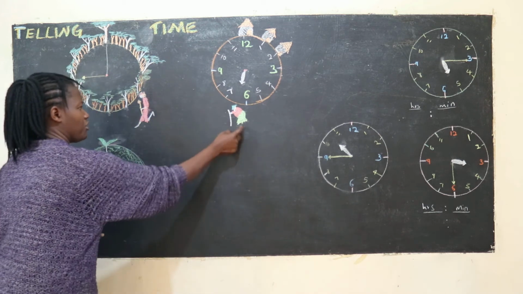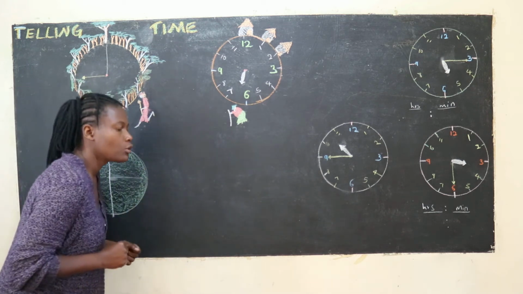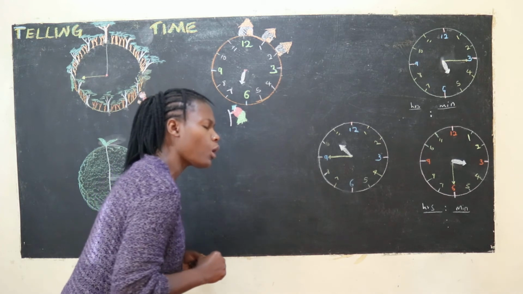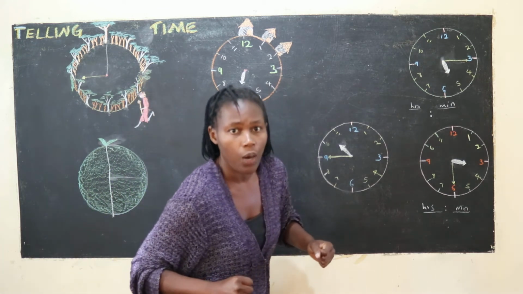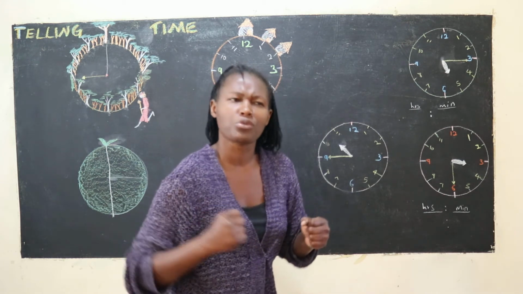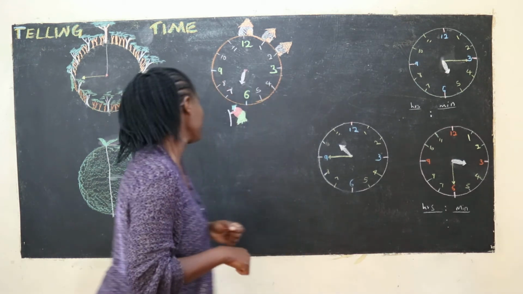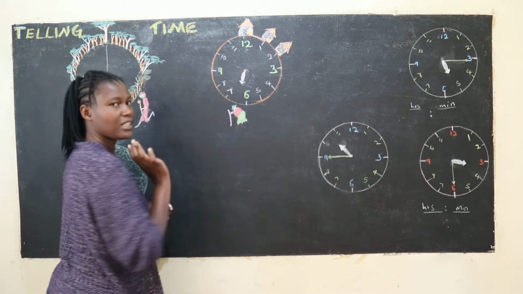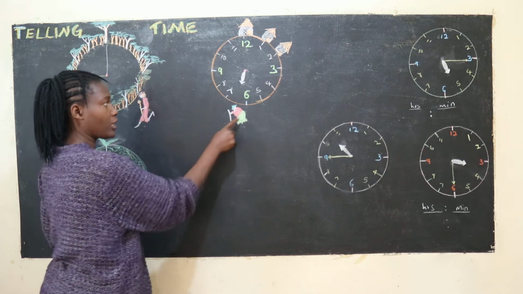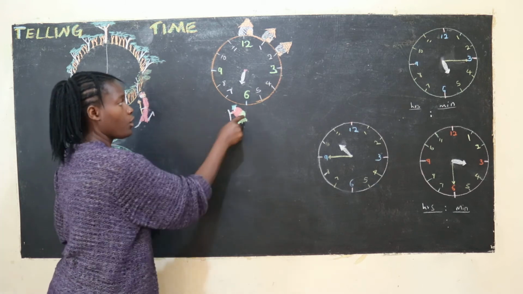Now, the village elders are really old, so the movement is slow, just like the hour hand that moves really slowly. Now, look at this hour hand, the short, stout hand. Look at the old village elder.